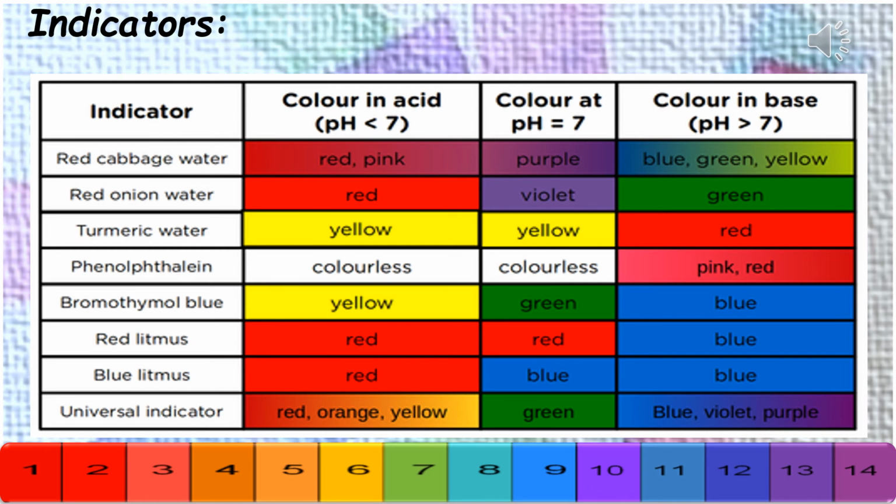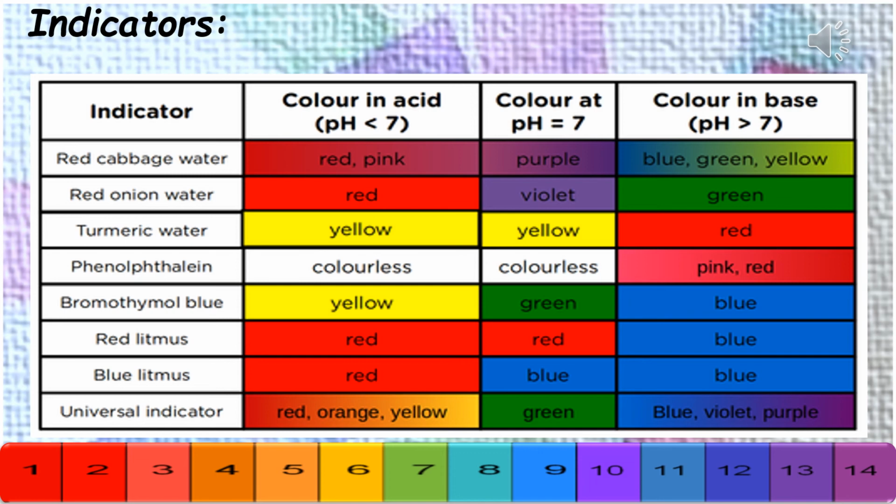Bromothymol blue, which is blue in color, changes to yellow if it is added in acid. It changes to green if it is added in neutral solution, and it remains blue if it is added in the basic solution. Red litmus, as we know, remains red in acidic solution.